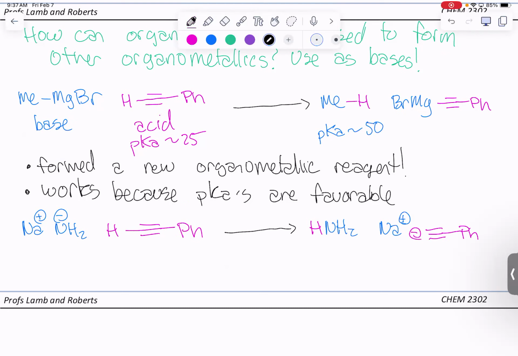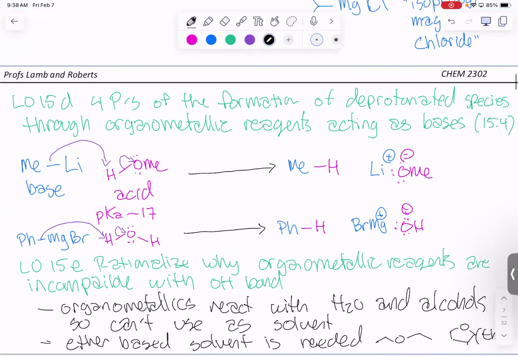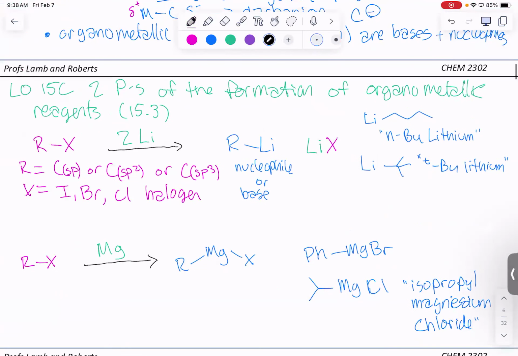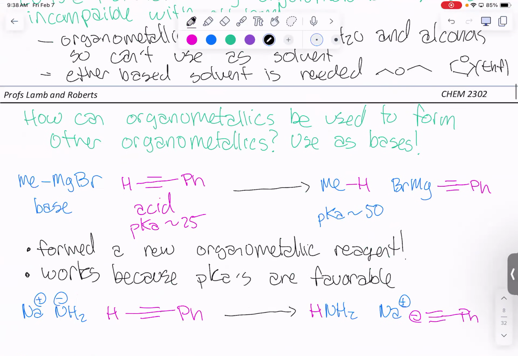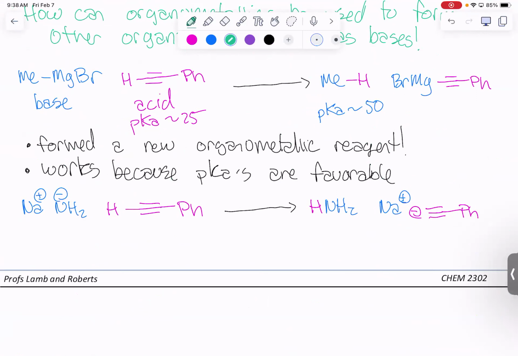So this is sort of an addition to our learning objective before, which was how to form organometallic reagents. So this is learning objective 15C kind of coming back to us. All right, so alkyne organometallic reagents are often formed through deprotonation.